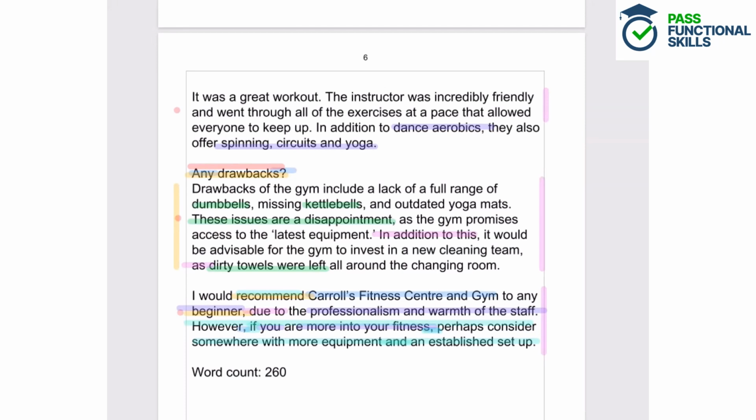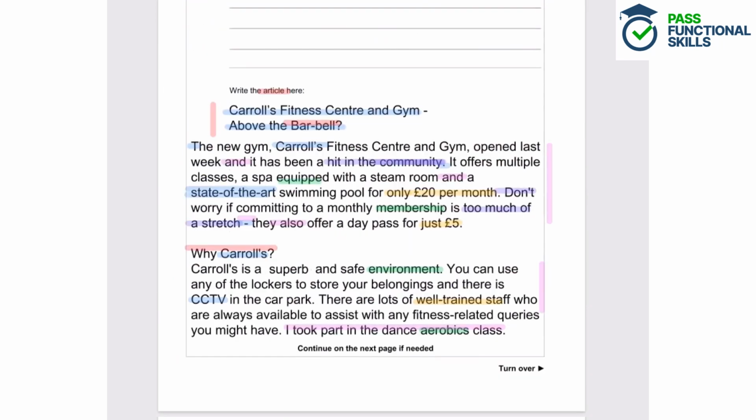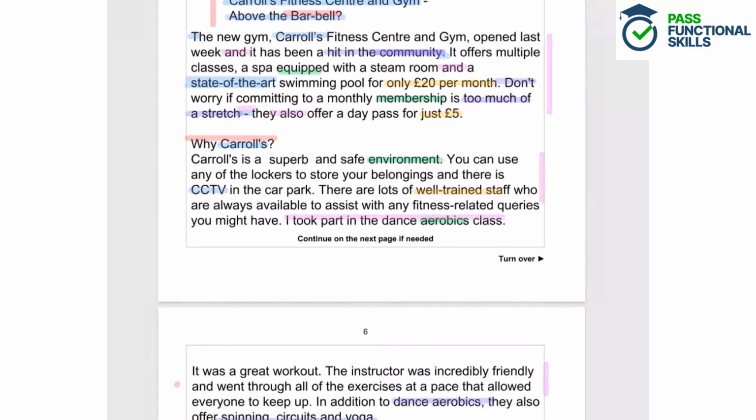So now we've considered all of the marking criteria and we've seen why this is a good answer. Not only does it effectively answer the question by addressing each point and adapting to the audience and purpose that has been specified, the answer also is very, very clear. It makes sense and it flows effectively, with all of the sentences following on from each other and each paragraph separated from the others in a logical way.